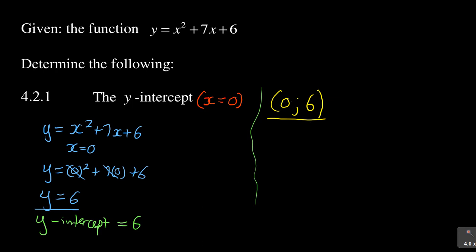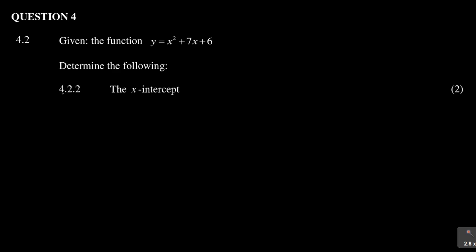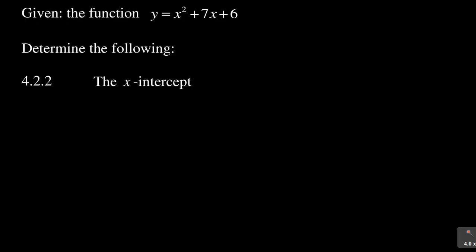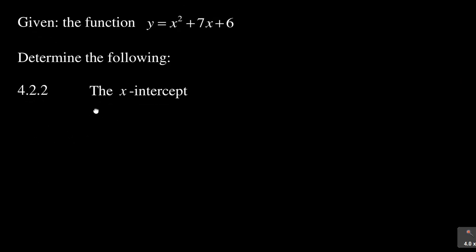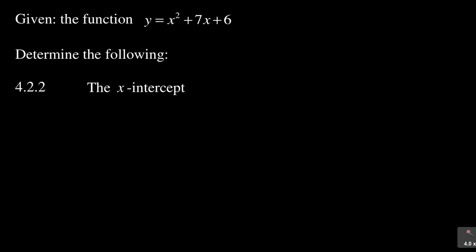Now let us move on to the next question, which is 4.2.2, and in this instance it is 2 marks. As you saw, the first one was looking at the y-intercept. This one is looking at the x-intercept. Remember, when they say x-intercept, you must know that y is equal to 0 there.